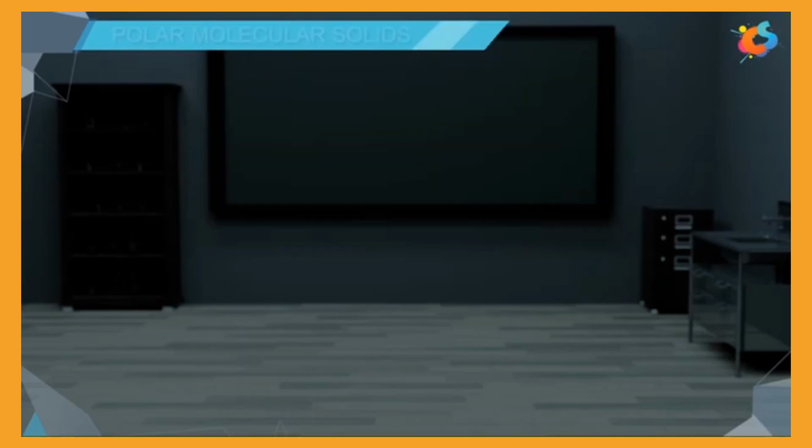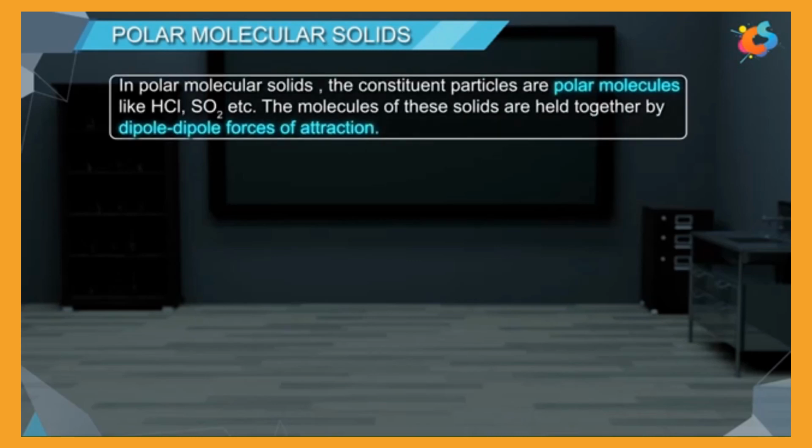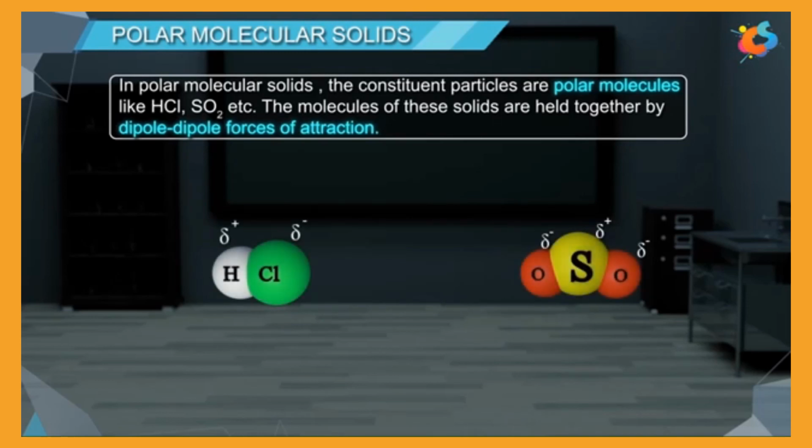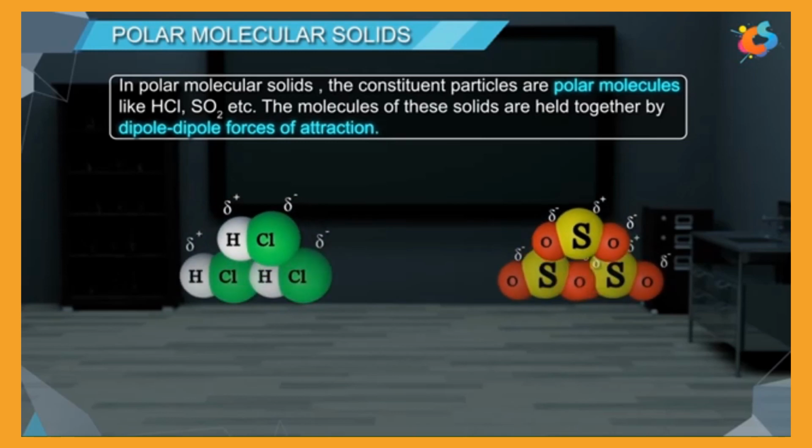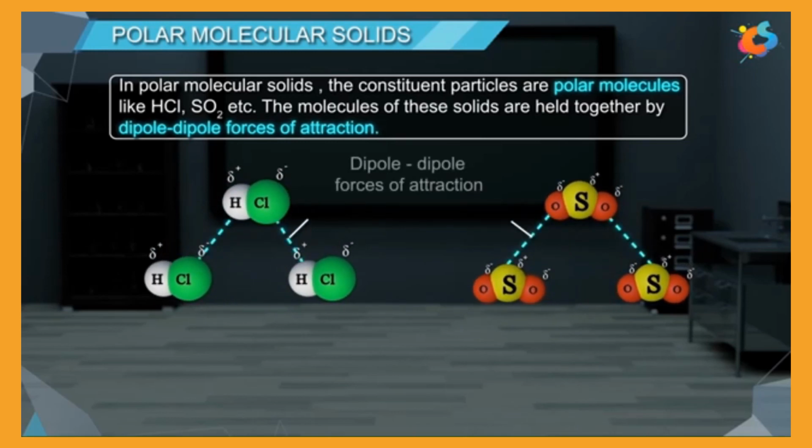Let us study polar molecular solids. In polar molecular solids, the constituent particles are polar molecules like HCl, SO2, etc. The molecules of these solids are held together by dipole-dipole forces of attraction.